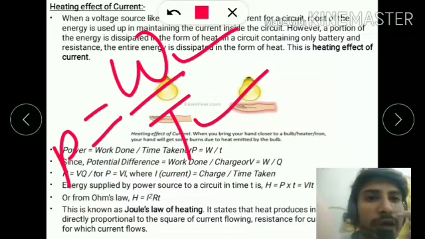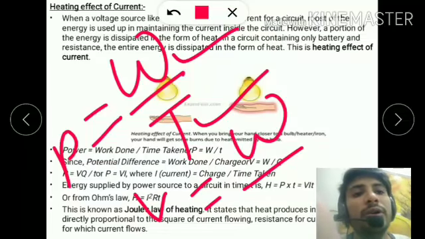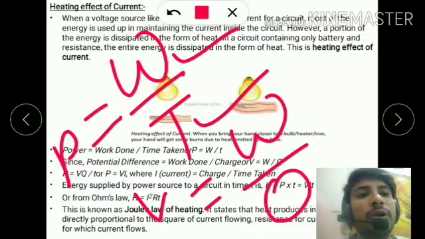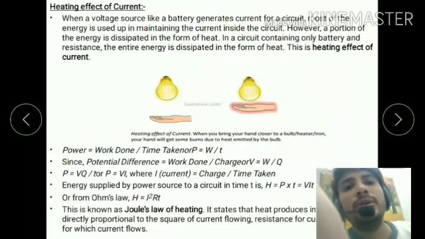Since we know that the formula of voltage is V is equal to W upon Q, where W is work and Q is charge, if we solve for W, then we get W is equal to VQ.